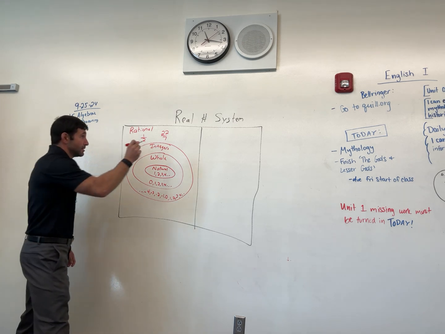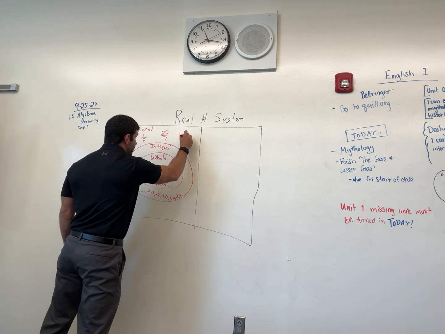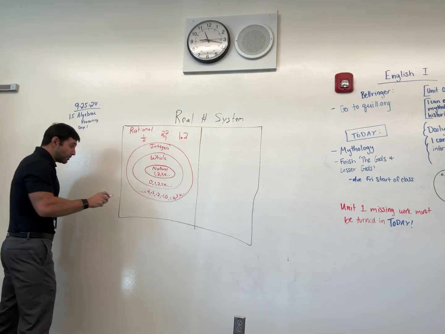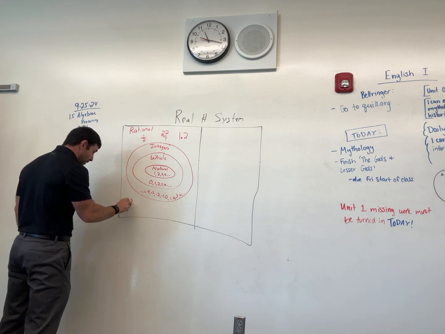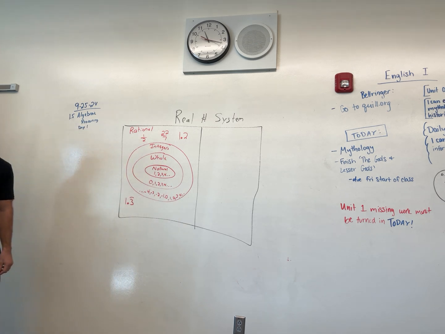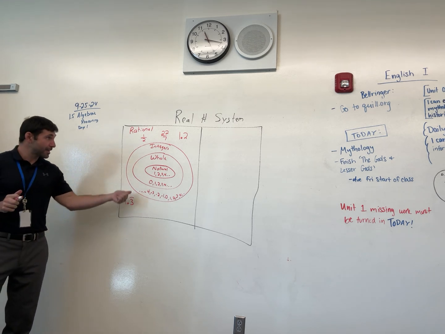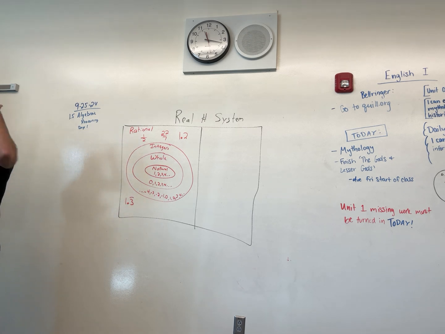Decimals that end. 1.2. Decimals that repeat. 1.3 with the bar over it. Okay? Anything that can be written as a fraction or a decimal that ends or repeats, a terminating decimal or a repeating decimal.